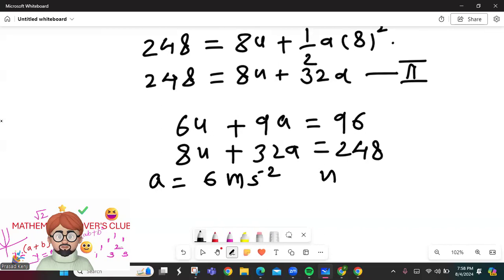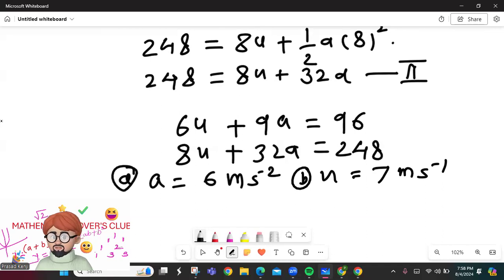That is your part A answer, and you get u as 7 meter per second. That is the answer in part B, and hence the speed of the car as it passes through point P will be 7 meter per second.